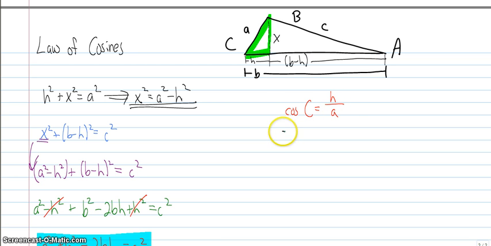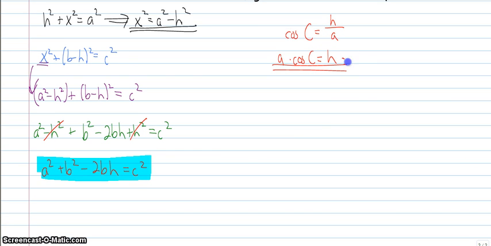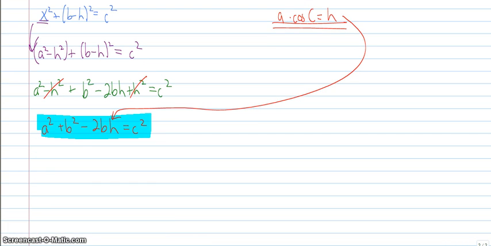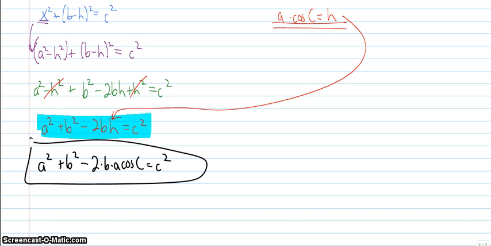Multiply both sides by a, so a times the cosine of C is equal to little h. Why is that important? Well, it's because I can make that substitution and plug it in for that equation, which leaves me with a squared plus b squared minus 2b times a cosine of c equals little c squared. And there is the law of cosines.